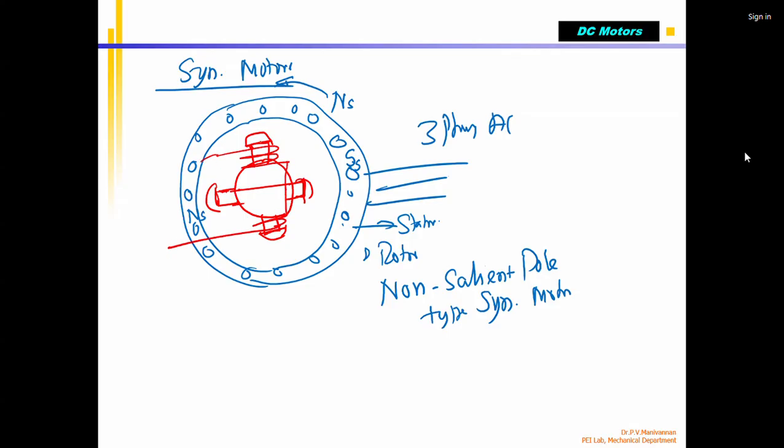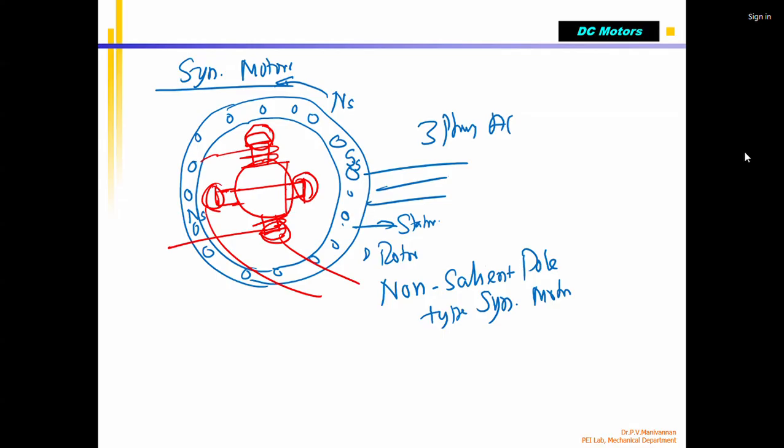Since these are called pole pieces, correct? Please note that in the previous non-salient type there were also poles. Poles are created by the current flowing through the rotor coil, but it was a cylindrical shape with no projection, with grooves in which the rotor coils are embedded.